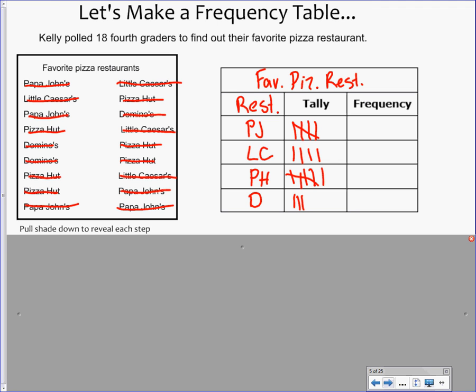I tell them to cross it off as they go so they don't count it twice and so they know they counted everything. Now that they have their tallies, they would turn that into a frequency: 5, 4, 6, and 3.